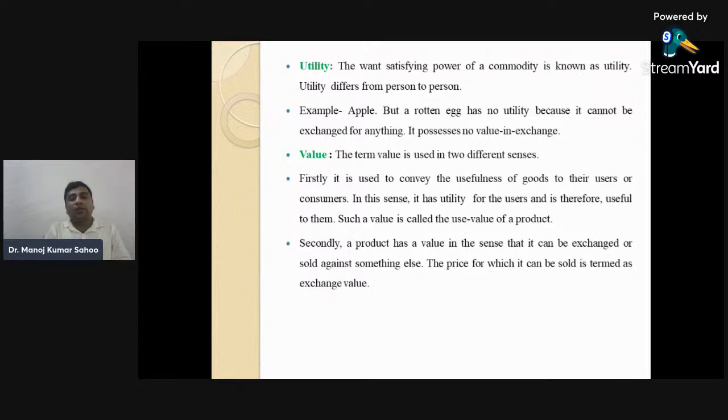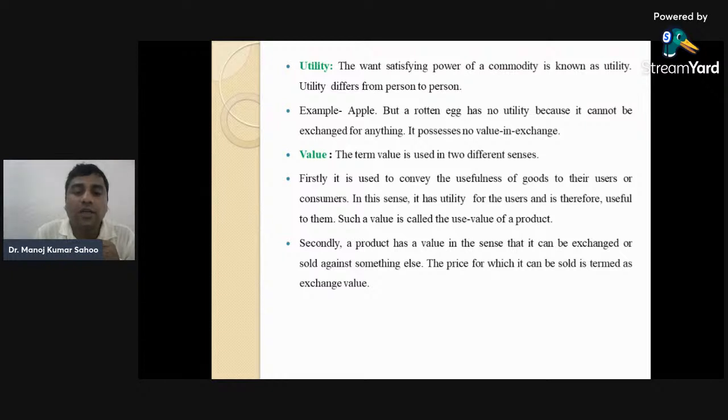That is called the exchange value, and the price for which it can be sold is termed the exchange value. So value is basically two things: one is use value, another is exchange value. Whenever we use a product and get some value from that commodity, it is called use value.